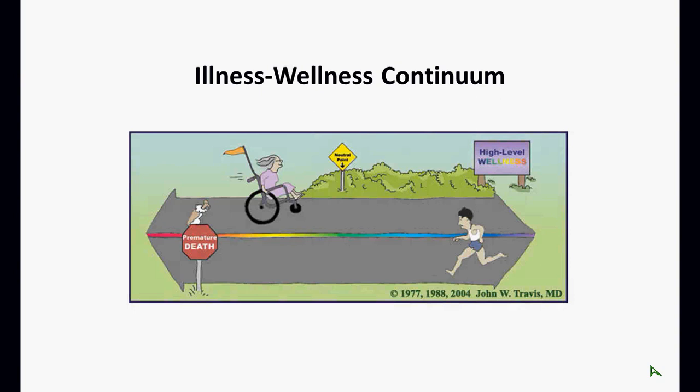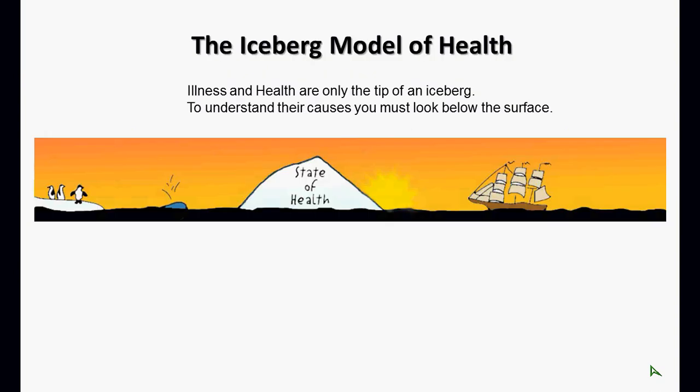And he's seeing the glass half empty. You notice he's not running towards high-level wellness because he doesn't even have a frame of reference that he can improve his level of health and well-being. He's just thinking that maybe if I can just run, mechanically speaking, I can avert this crisis, but he's actually heading towards premature death.